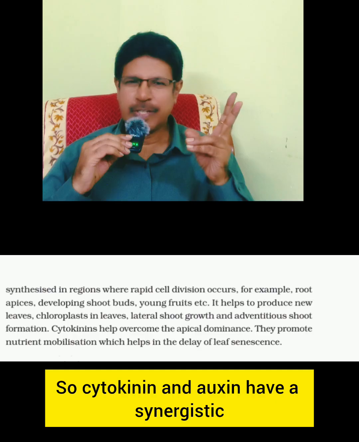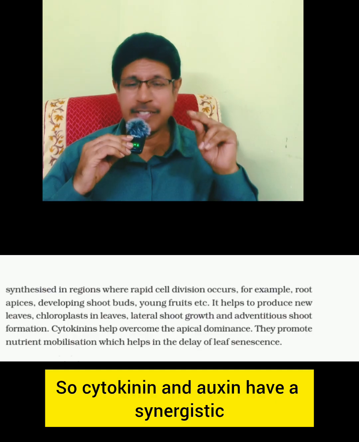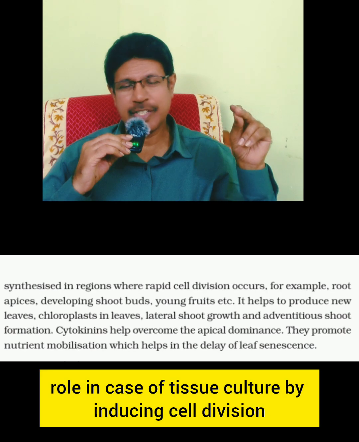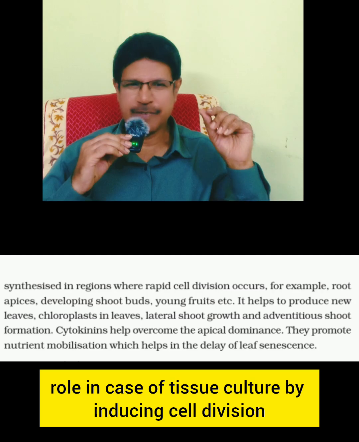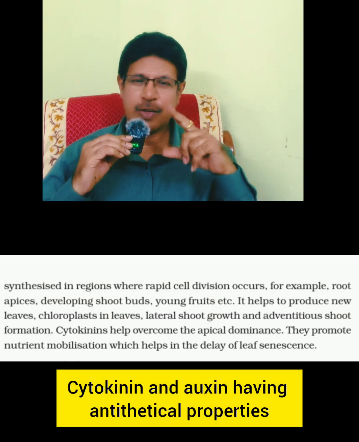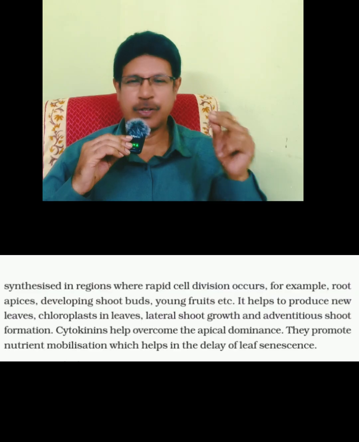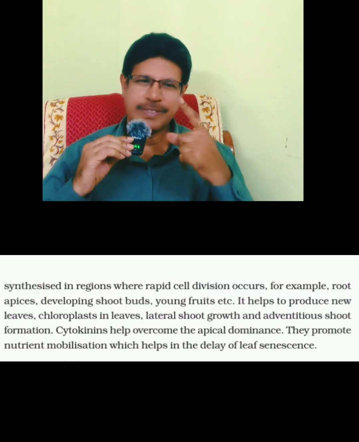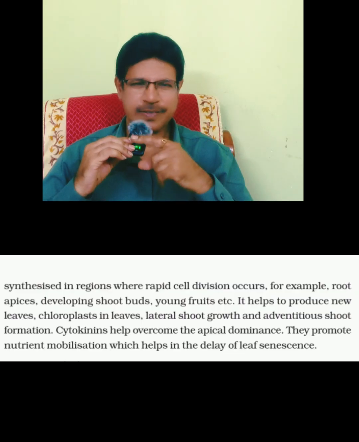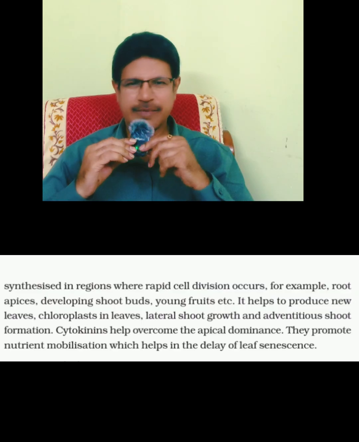So cytokinin and auxin have a synergistic role in tissue culture by inducing cell division. Cytokinin and auxin have antithetical properties with regard to apical dominance, as apical dominance is favored by auxin and removed by cytokinin.